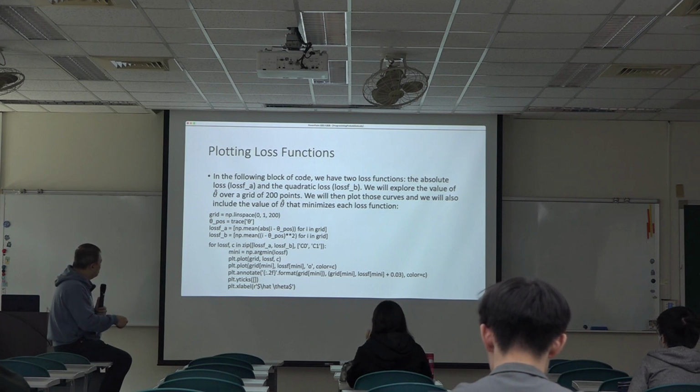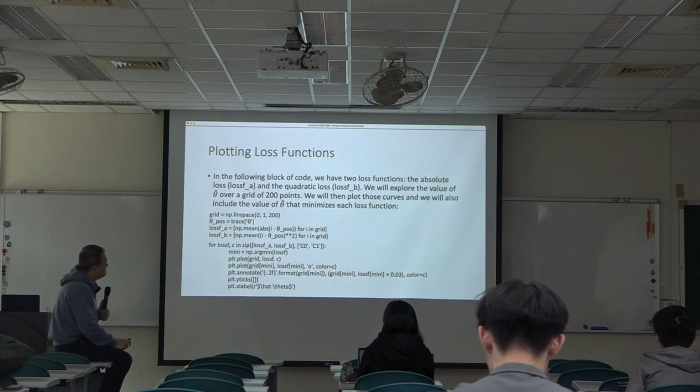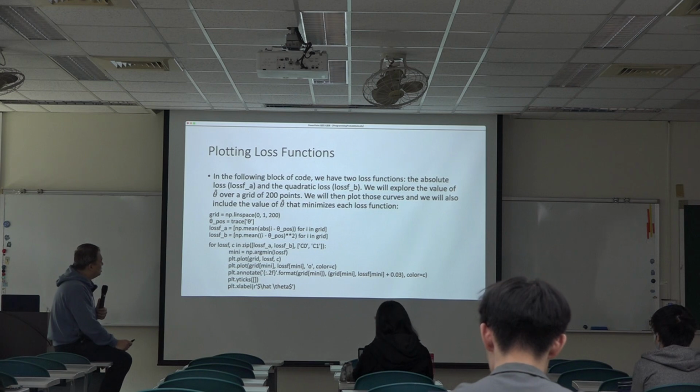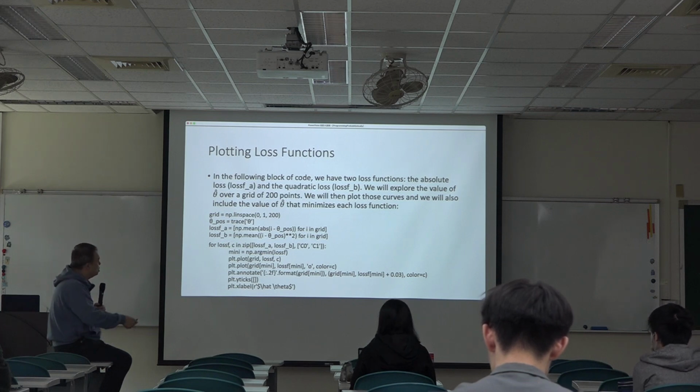For example, in this code we have two loss functions, the absolute loss and the quadratic loss. We use a grid approach: we divide the region into 200 points, then plot the curves accordingly, and we include the value of theta hat that minimizes each loss function.